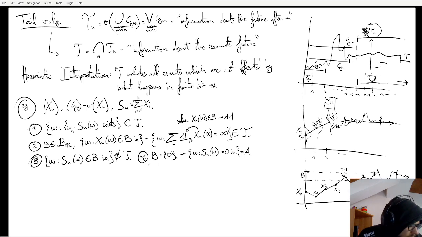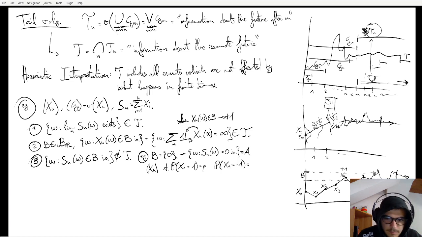We consider xn such that the probability that x1 is 1 is p, and the probability that x1 is minus 1 is 1 minus p, with p in (0,1).